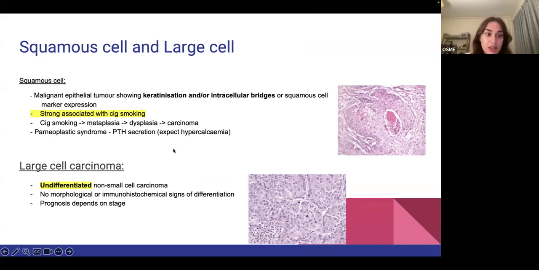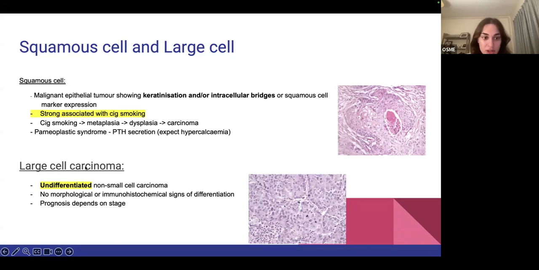It's strongly associated with cigarette smoking, and the pathophysiology is that it drives metaplasia and then dysplasia to the carcinoma. Occasionally, it could be a paraneoplastic syndrome, and if they have hypercalcemia, so they've got the bones, stones, groans thing going on alongside cancer symptoms, it might be a PTH secreting paraneoplastic syndrome.